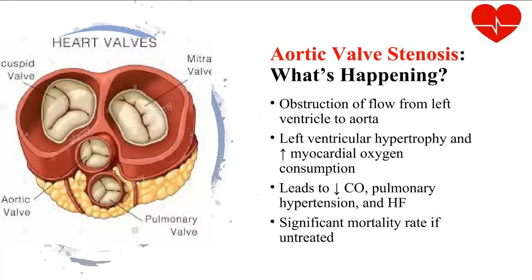When that happens, we're going to have left ventricular hypertrophy, because the left ventricle is working harder. This is where it gets thicker, and we have a decreased amount of blood in the left ventricle because the inside of the ventricle is smaller. So we have a decrease in stroke volume and a decrease in cardiac output. We're going to have some pulmonary hypertension and some left-sided heart failure. These patients, left untreated, have a very high mortality rate.